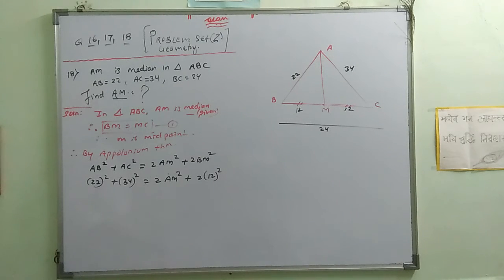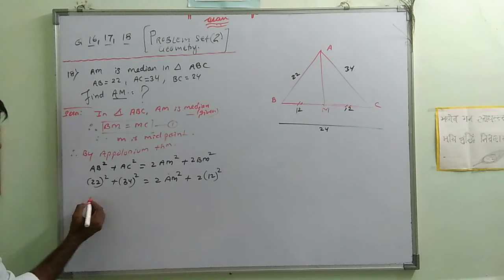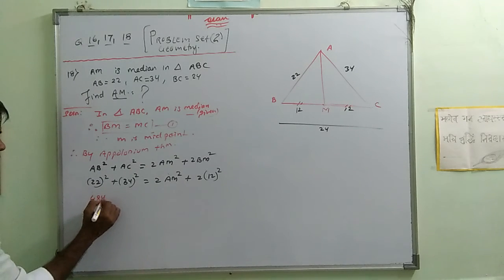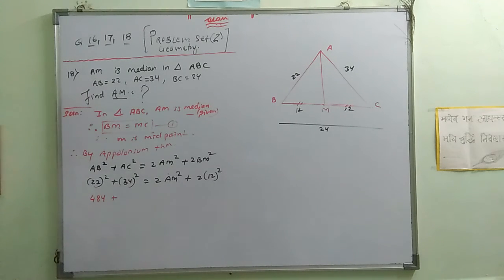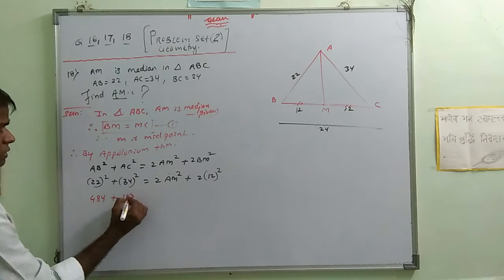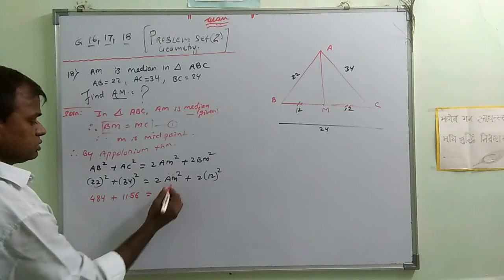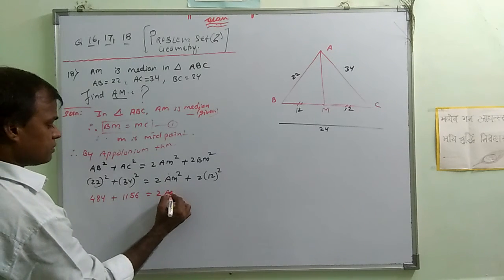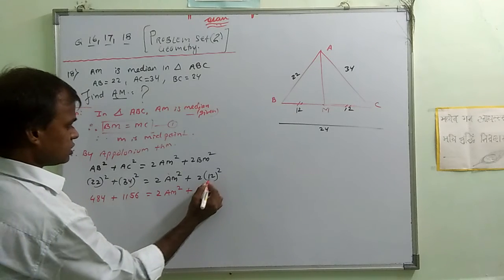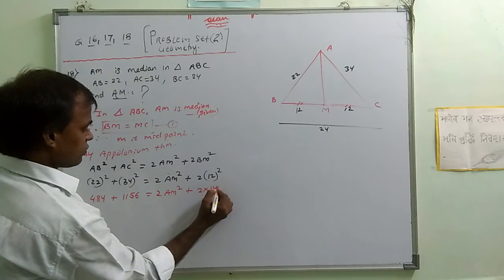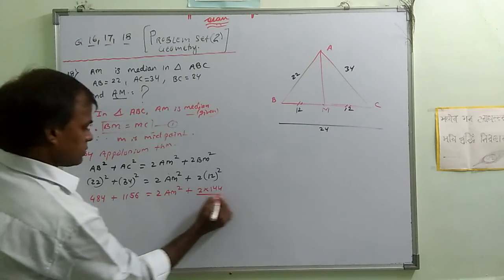Square of 22 is 484. Square of 34 is 1156, equals 2AM square plus 2 into 144. The square of 12 is 144.